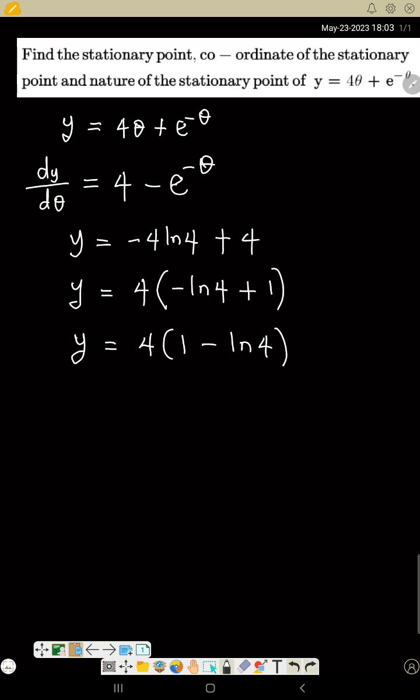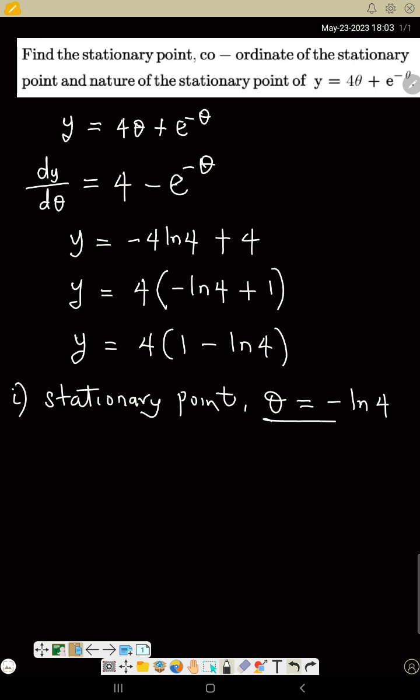So the coordinates of the stationary points, we have found that before. Remember, the stationary point is theta equals minus ln 4. We found this first, remember. So that is the stationary point.